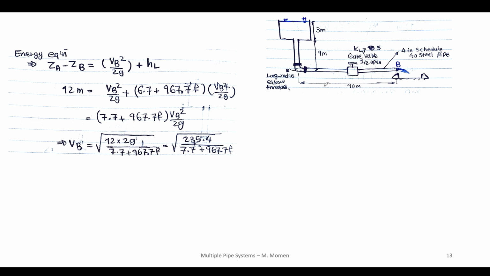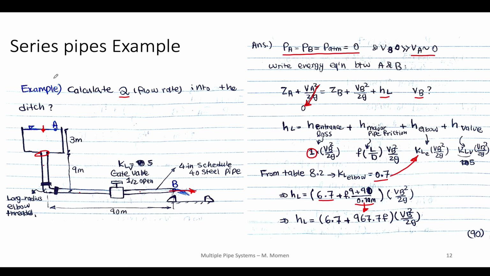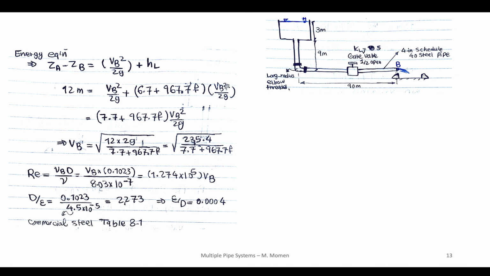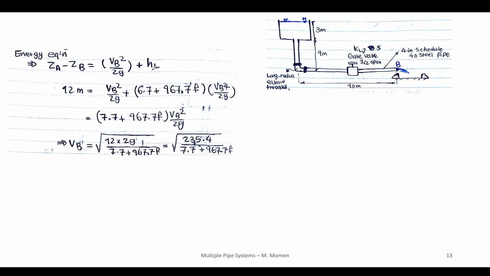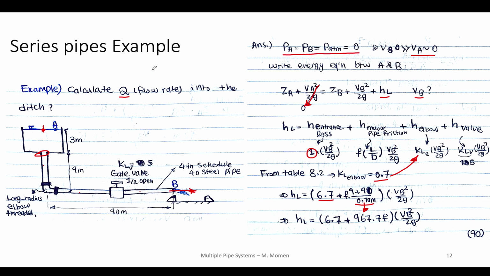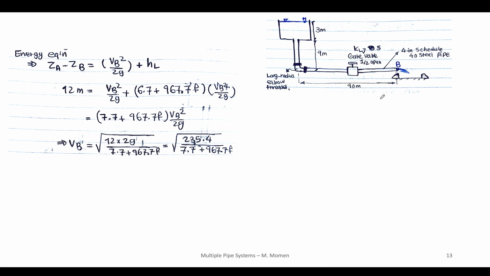Okay, so I can simplify the energy equation. I can bring ZB to the left hand side. So I will get ZA minus ZB equals VB square over 2G plus HL. And I found HL here, if you remember, and I just substituted it into this equation.